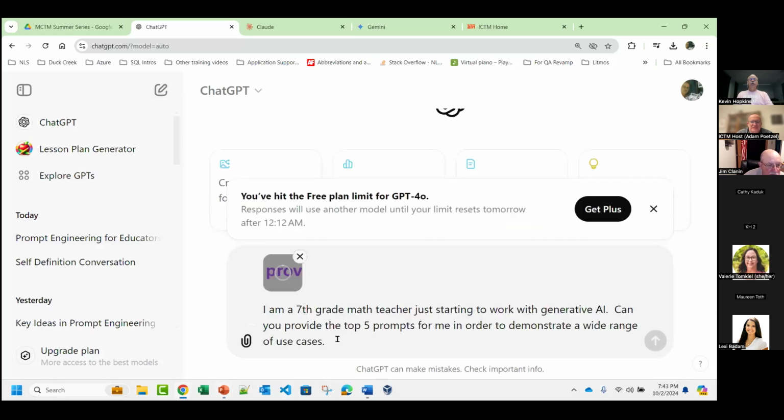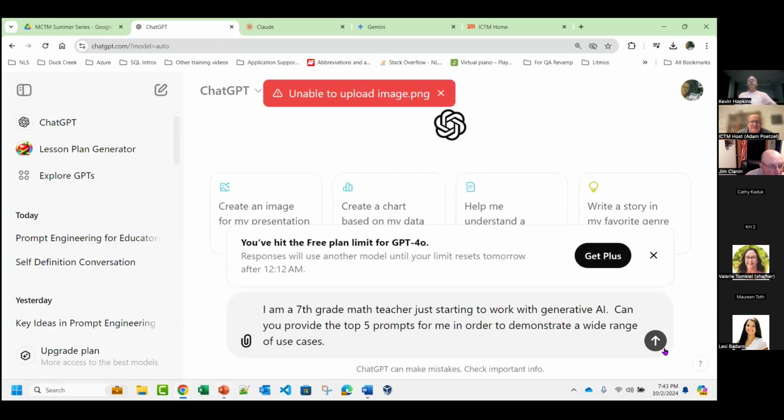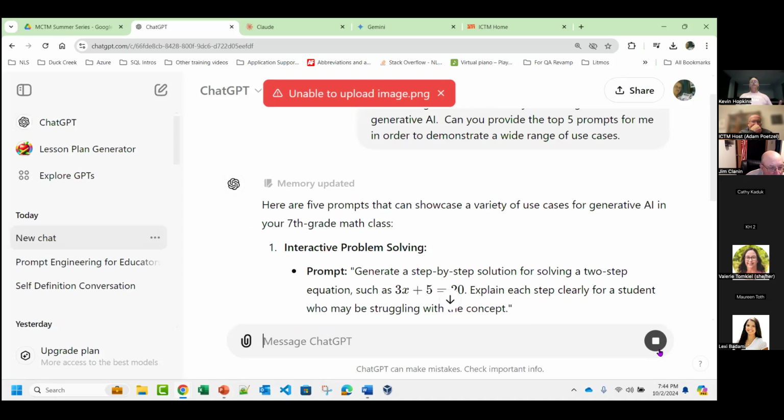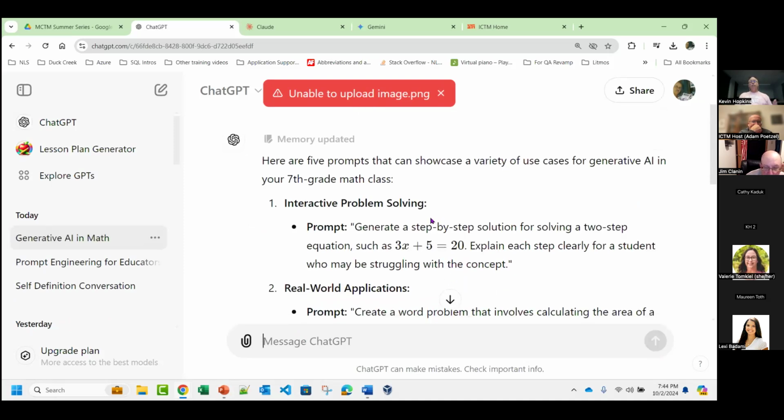I'm going to start a new chat and say, well, suppose I'm a 7th grade teacher just starting to work. Give me some ideas on prompts I could use that give me a wide range of use cases. So it's like, well, here is a specific prompt, generate a step-by-step solution. Explain each step clearly for the student who may be struggling.